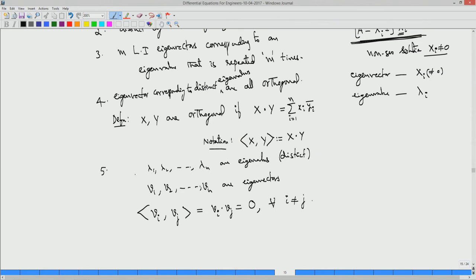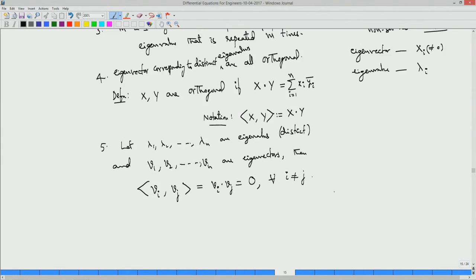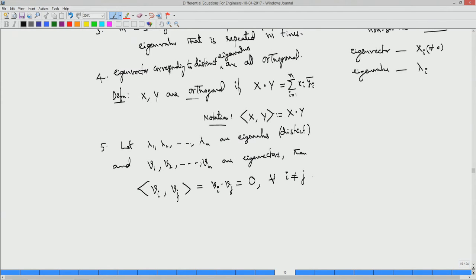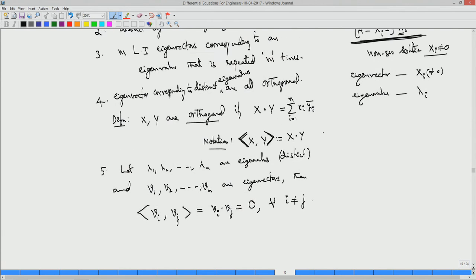If our eigenvalues are distinct and these are the eigenvectors, then this is true, and you see that all the eigenvectors are orthogonal. Orthogonal means this inner product, this dot product which I represent with this notation, is zero.